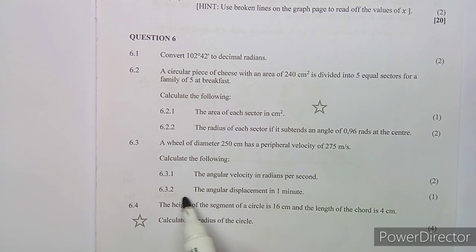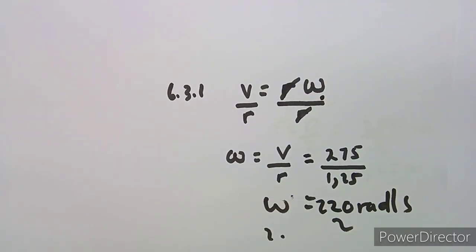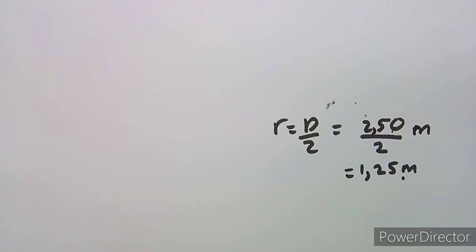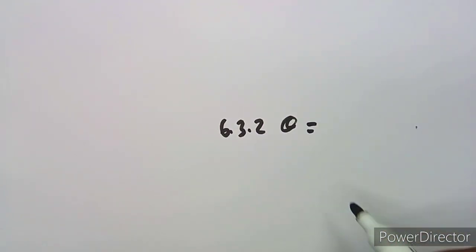And the angular displacement in 1 minute. The angular displacement, remember, that's theta, and omega is theta over t, which is angular displacement over time.